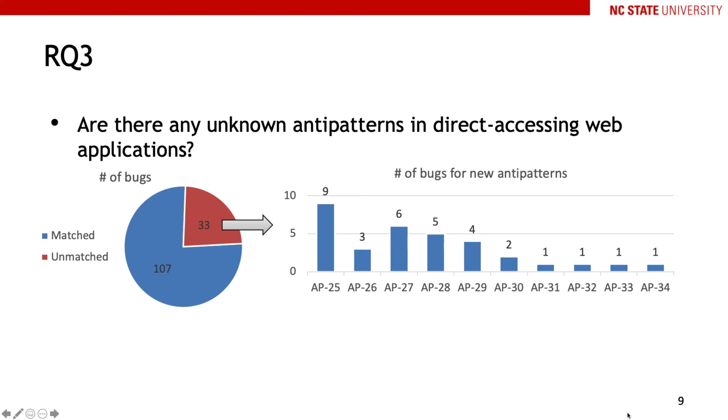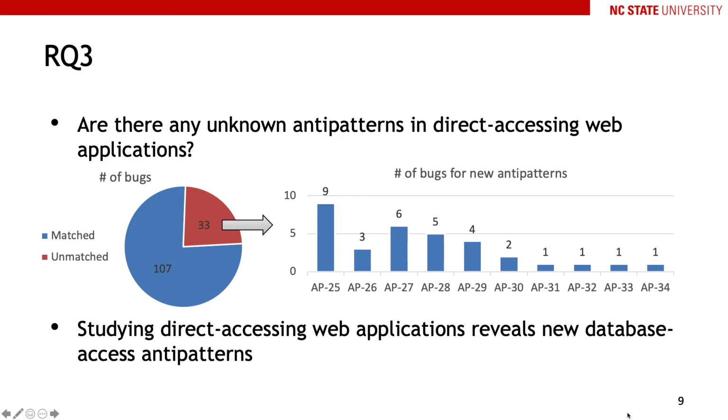Our investigation further shows that 9 out of the 10 anti-patterns can also be applicable to ORM-based web applications. Studying performance bugs in direct accessing web applications helps to reveal new database access anti-patterns and improve the coverage of real-world database access performance anti-patterns.